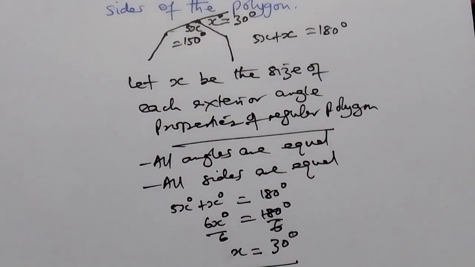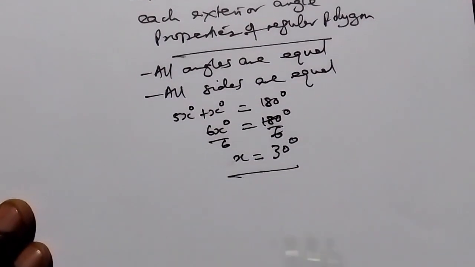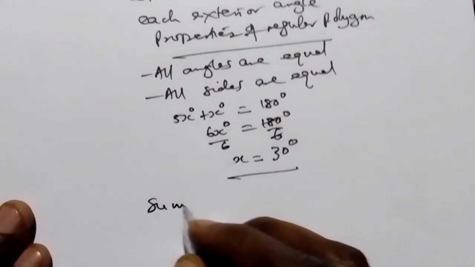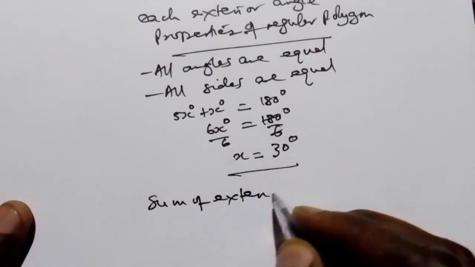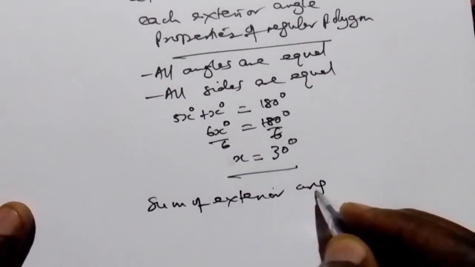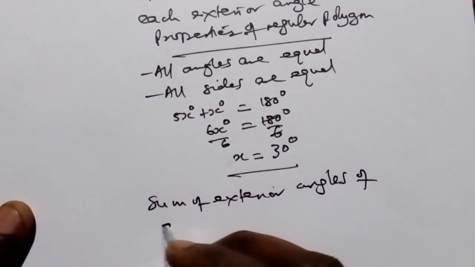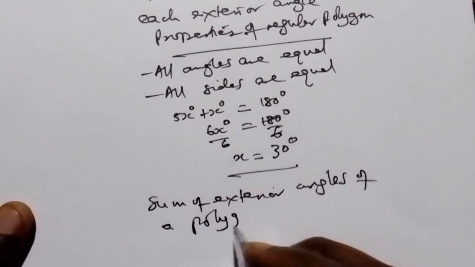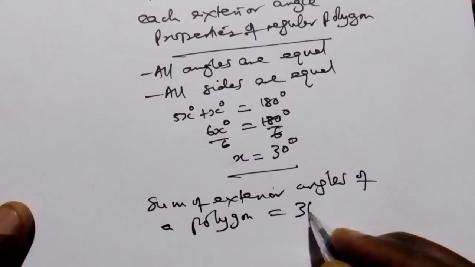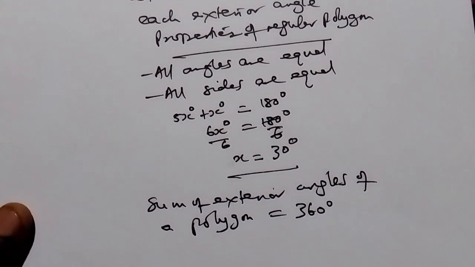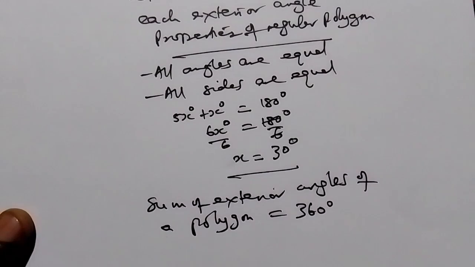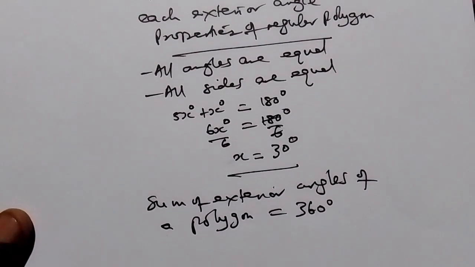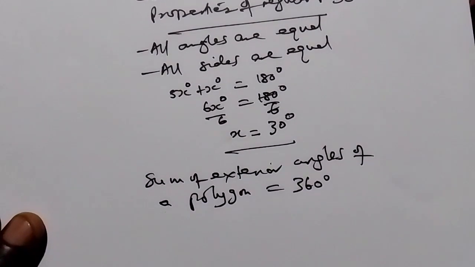Now we know that the sum of exterior angles of a polygon is always 360 degrees.